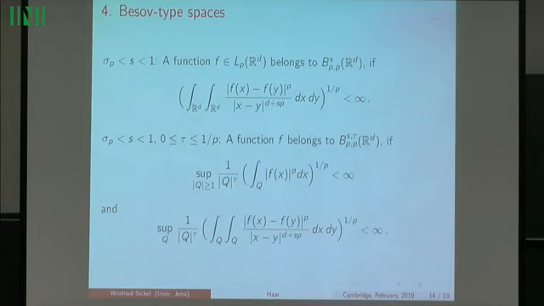So we take the same quantity localized with respect to a cube, and then we compare the outcome with the volume of the cube to some power. So this is a little bit different type of regularity. You want to express the regularity of a function by controlling this quantity on cubes.